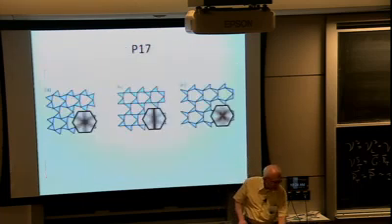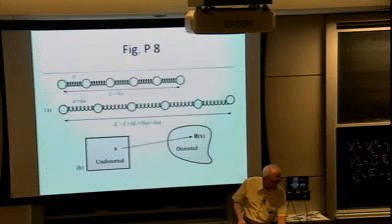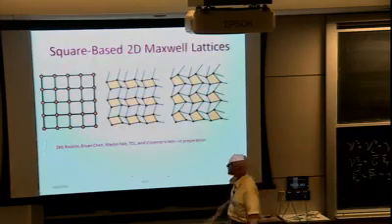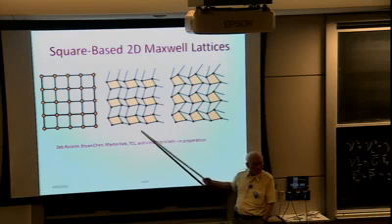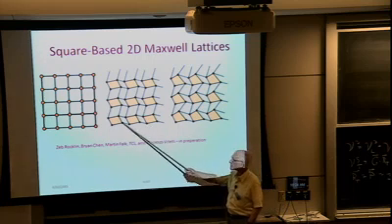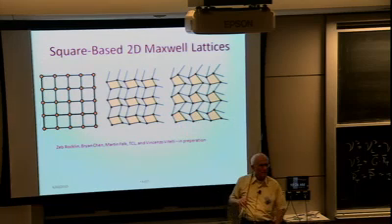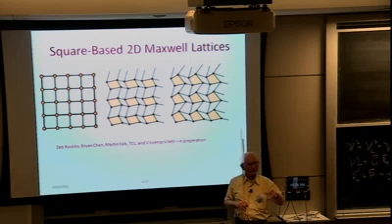So if we go back to these lattices, for example, this is now the analog of the distorted Kagome lattices, but from the square. If you look at the spectrum of these things, there are always isolated zeros in the Brillouin zone that you can't get rid of.